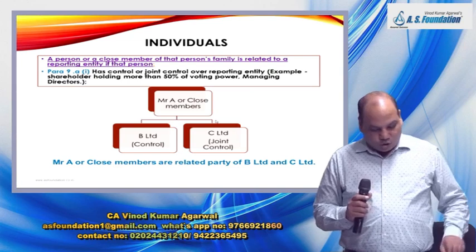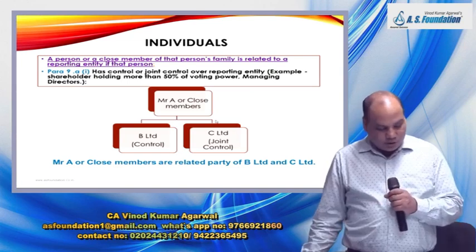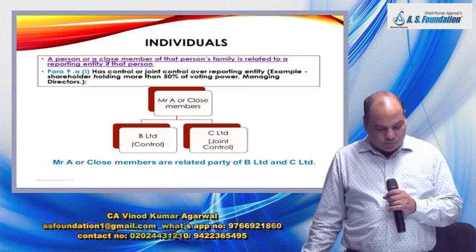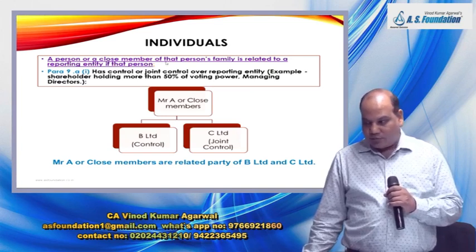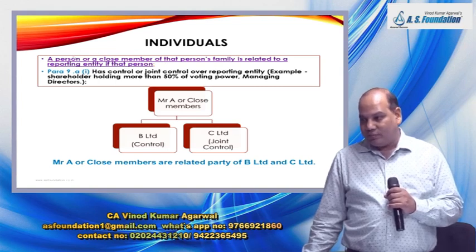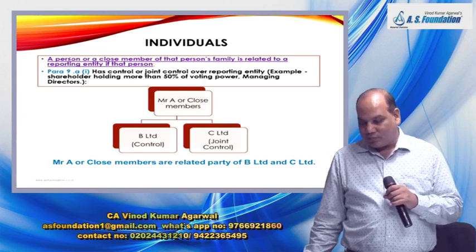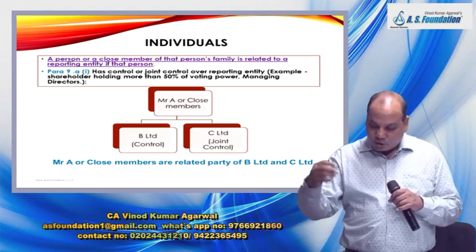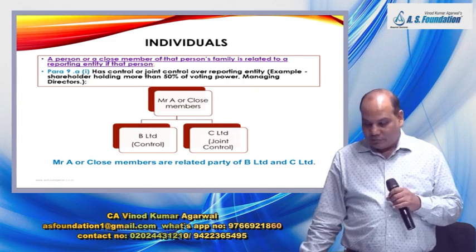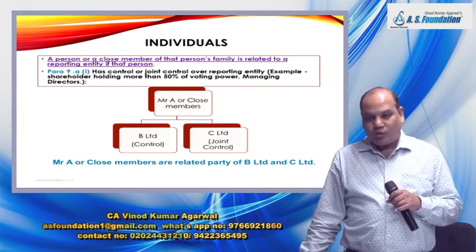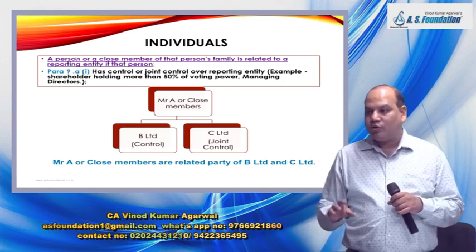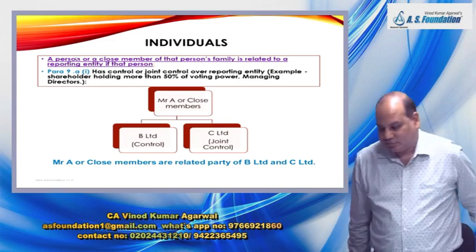So start. 9a, a common line for all the 3 sub clauses: a person or a close member of that person's family. Now the standard is very wide in terms of its application. Not only the person, but a close member of that person's family is related to a reporting entity. So all your close members also will join this list.